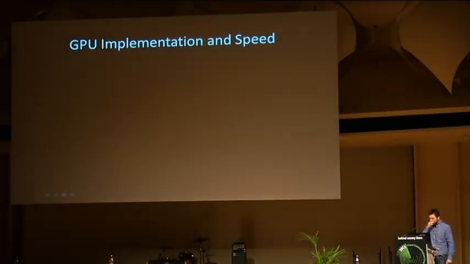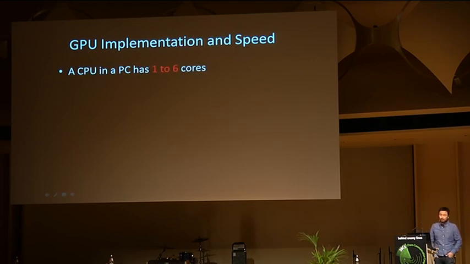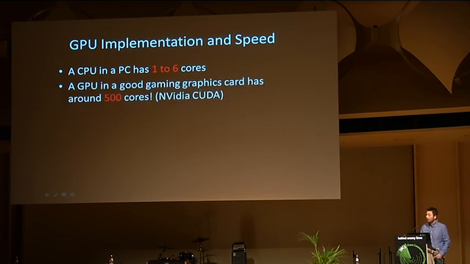Before I dive into describing all the system components, a couple of words about GPU implementation and speed. A CPU in a PC usually has 1 to 6 cores, so, you know, dual core, quad core, and they perform really fast, like 3 gigahertz per core. But in a graphics card, there are many more cores, like 500, for example, but they perform slower, at 600 to 700 megahertz.